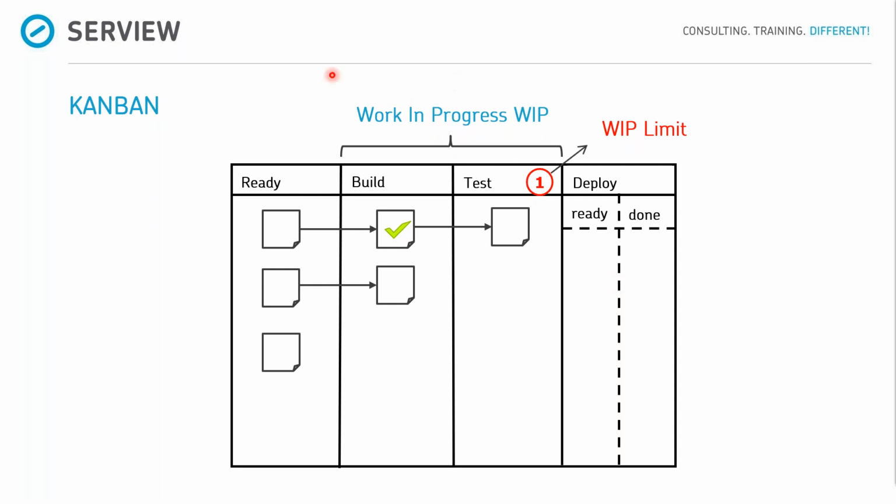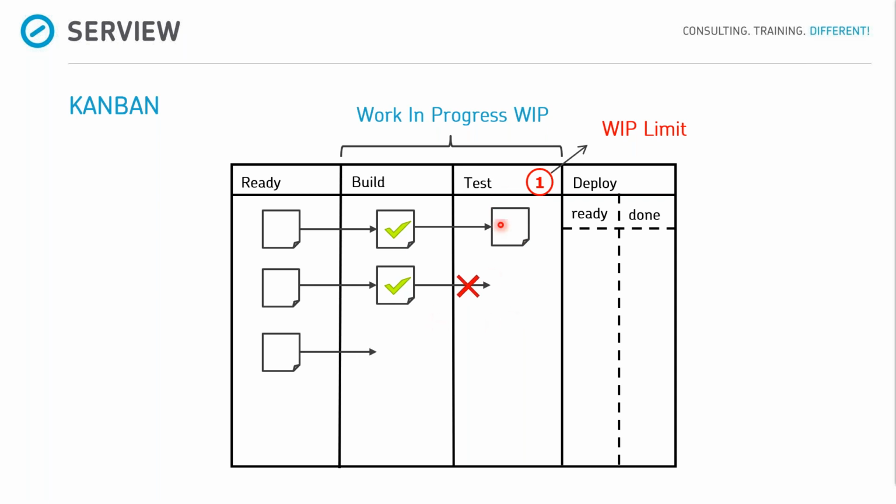But you also see here a work in progress limit, because you can measure your workflow with Kanban. For example, you can limit the work in progress to understand in which situation you cause a jam. Like this. When we say, okay, our test column will be limited to 1, that means that here can only be 1 ticket at the same time.